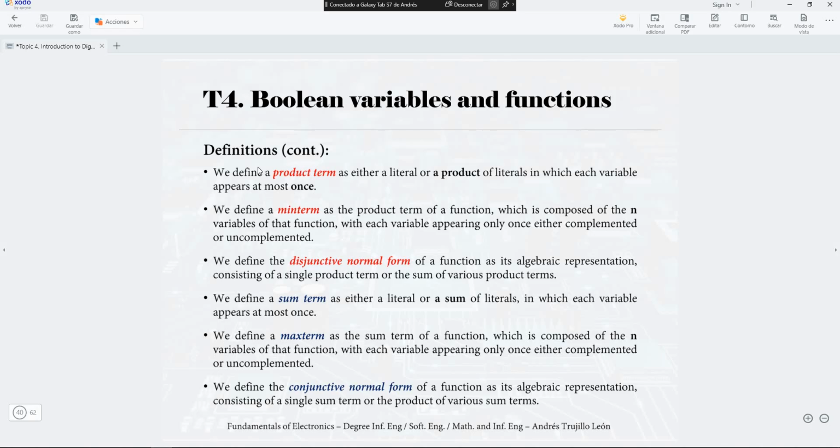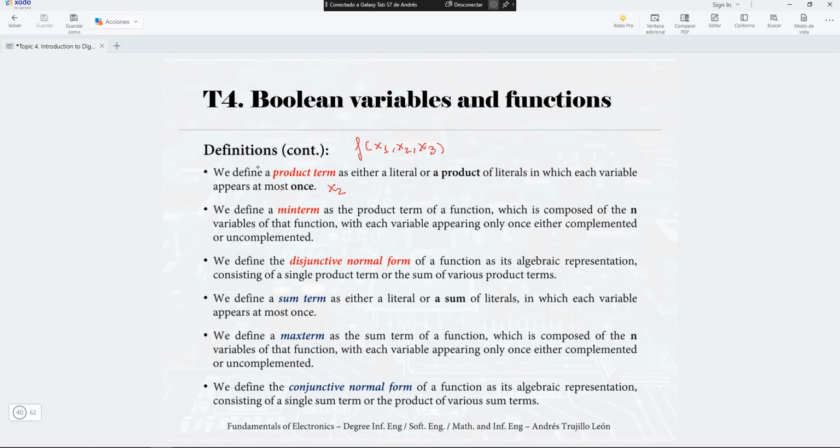So imagine that we have a function of 3 variables. The variables are x1, x2, and x3. I'm going to give you examples, and you have to check if these examples are or not product terms. Is x2 a product term?